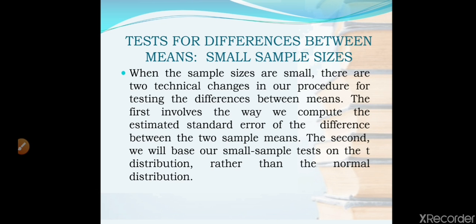The first one is the way we compute the estimated standard error of the difference between the two sample means, and the second, we will base our small sample test on the t-distribution rather than the normal distribution. So the formula for the standard error of difference between two means will change when we are having small sample sizes.